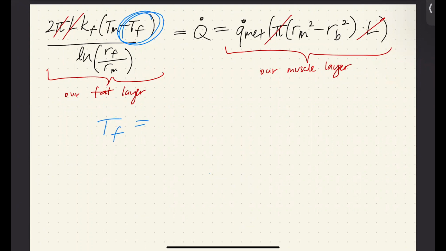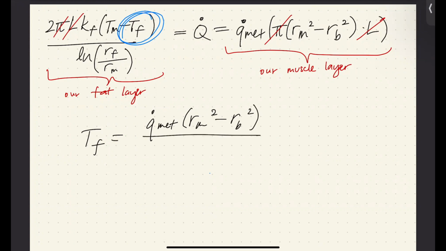All you need to do is rearrange everything and solve. So let me rearrange this real quick. We have Tf, once you rearrange, we can do Q met times (Rm squared minus Rb squared) over 2Kf times natural log Rf over Rm.